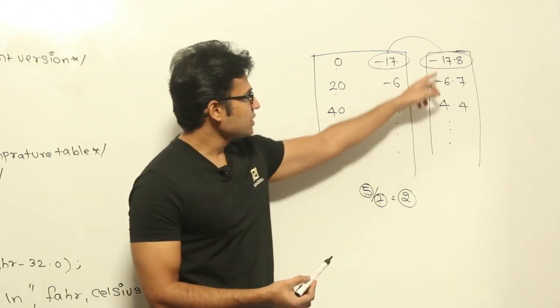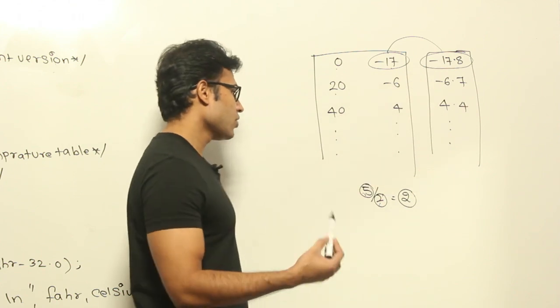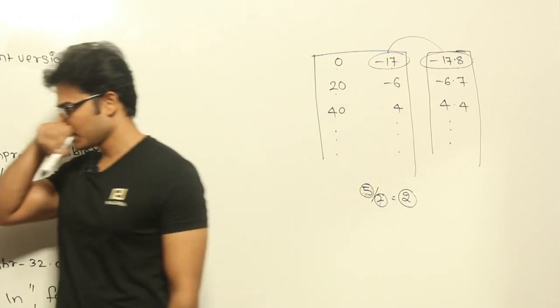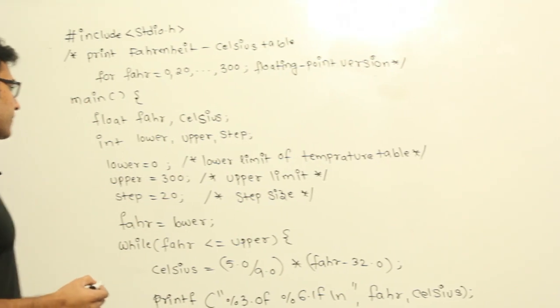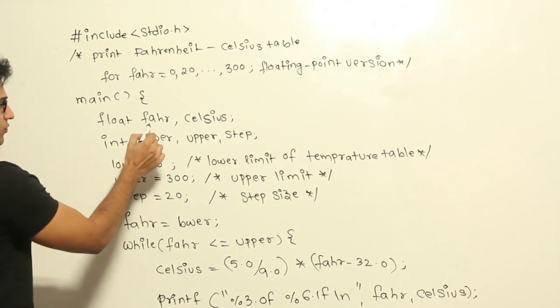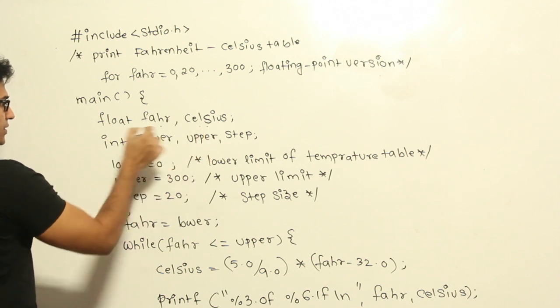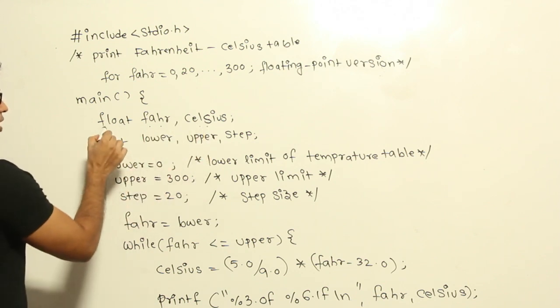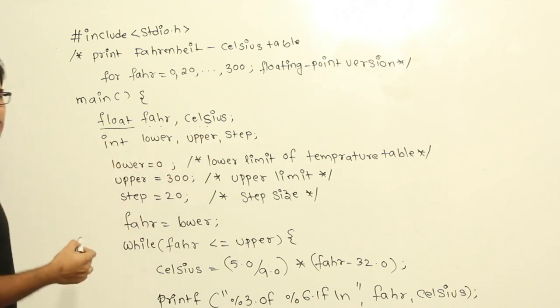Now just to see this output, we are doing some modification here. Let's see this one. The code is modified here. Where we modified the code is, earlier FARH and Celsius were taken as integers, but now I am going to take them as float, okay?